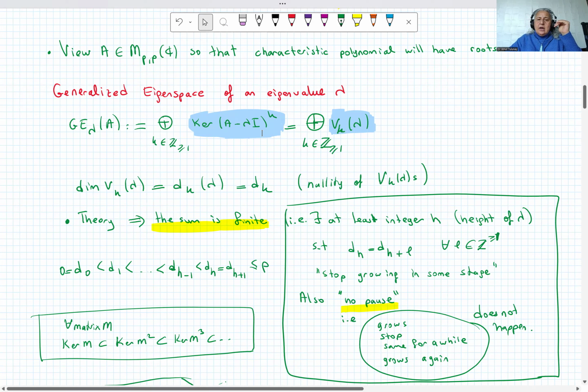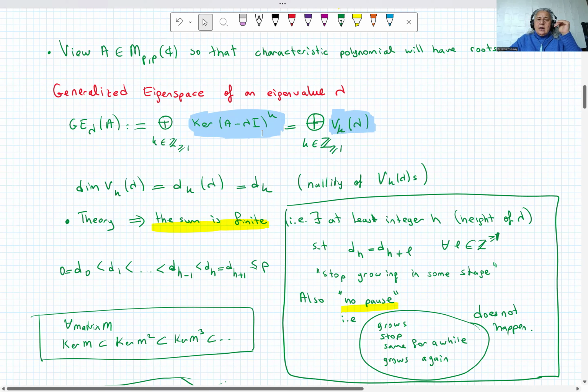This is a schematic way to show it: the kernel of M will be the smallest set, then the kernel of M squared, then the kernel of M cubed, and so on. I'm using this schematic expression just to show you how it works.